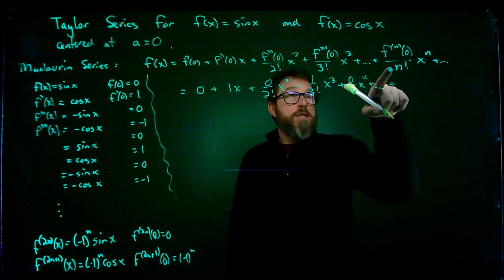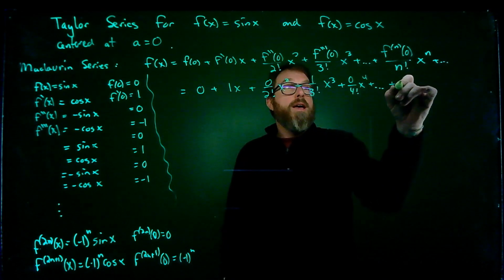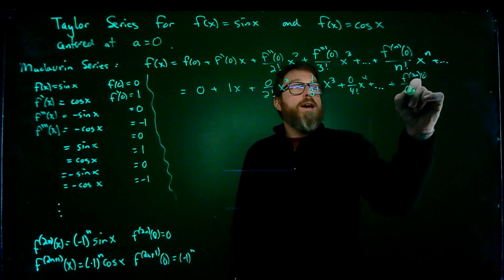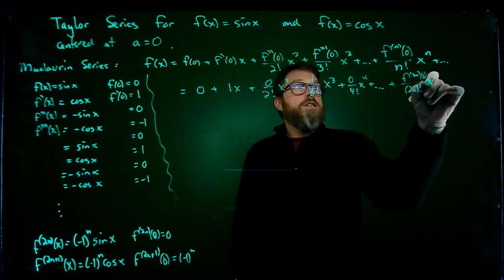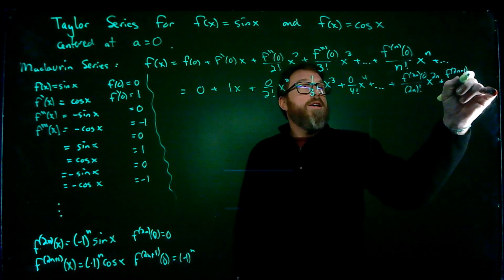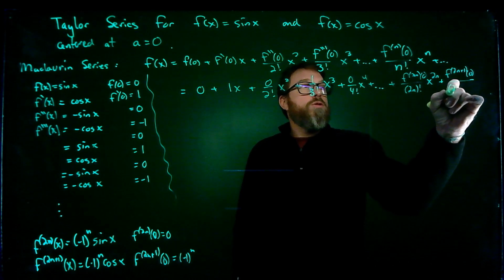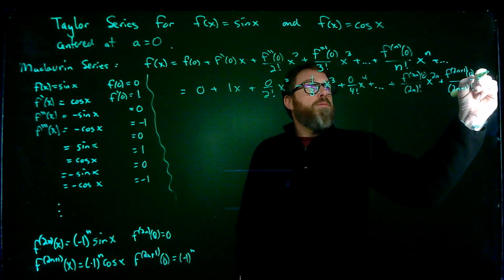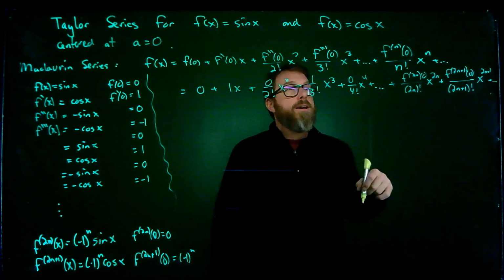And now this splits. Remember that we're going to have f to the 2n of 0 all over 2n factorial x to the 2n plus f of 2n plus 1 of 0 all over 2n plus 1 factorial x to the 2n plus 1, plus dot, dot, dot.